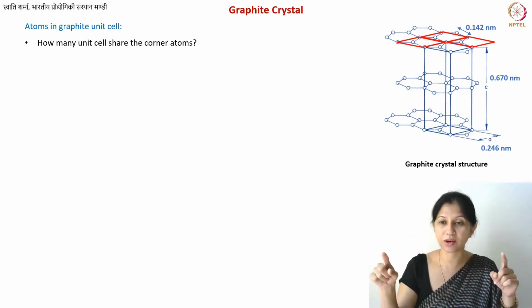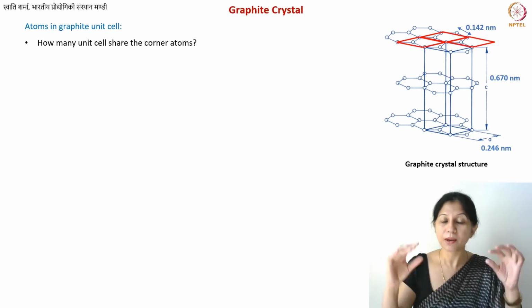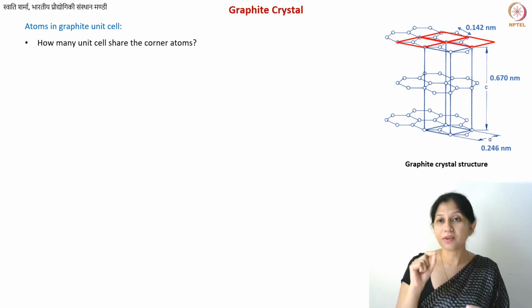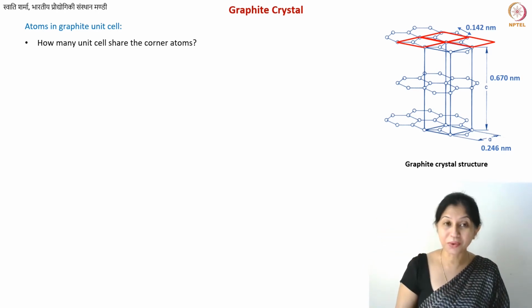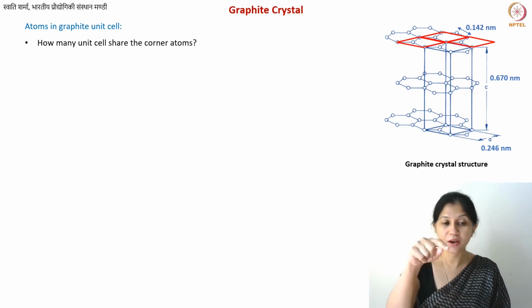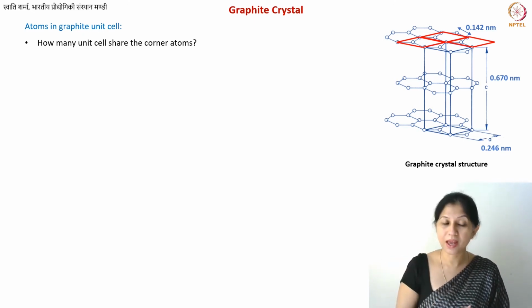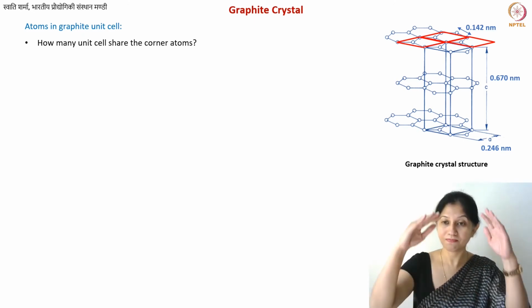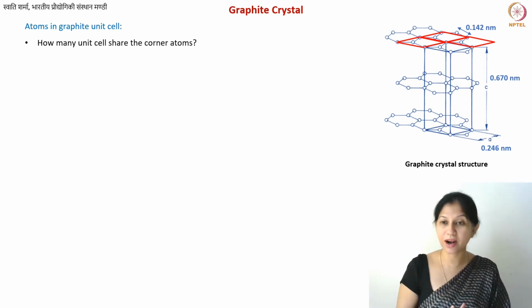They are not squares or rectangles, but this geometry. If you take one of the corner atoms, how many unit cells are actually sharing it? From here you see that one atom is shared with 4 unit cells, and then you also have 4 on top of it. So each corner atom is shared with 8 unit cells.